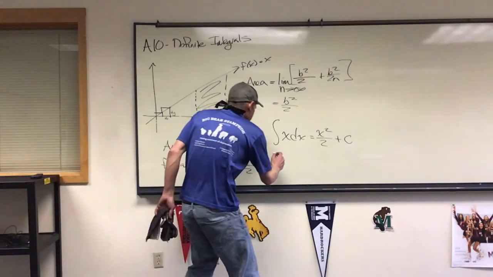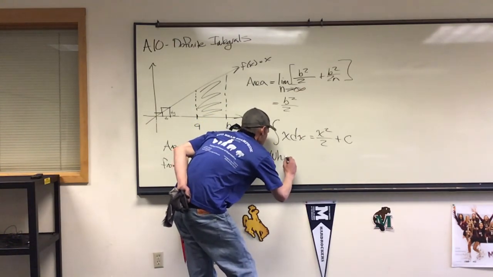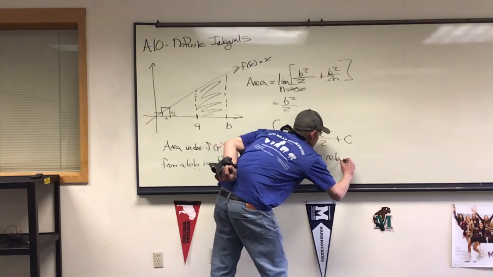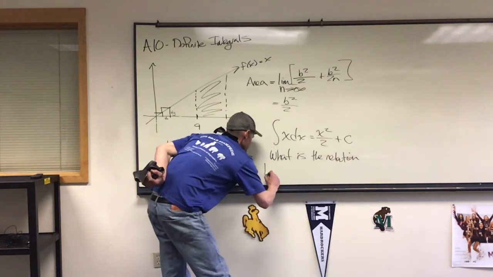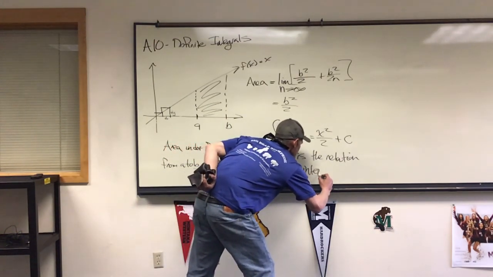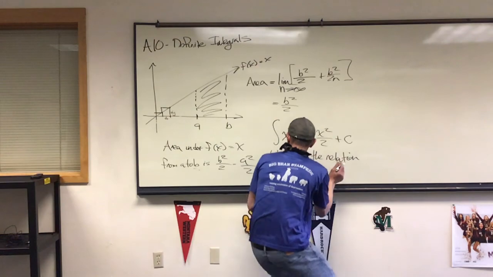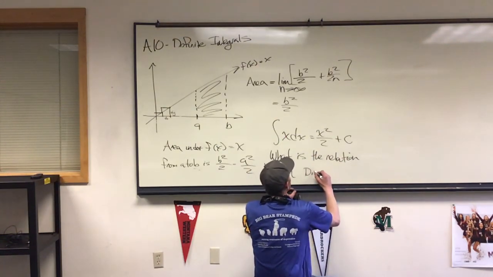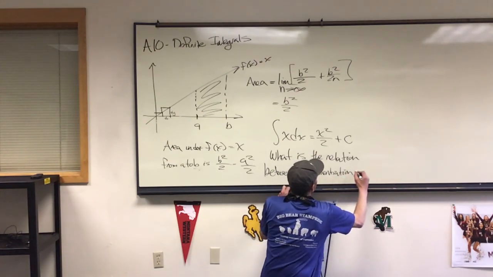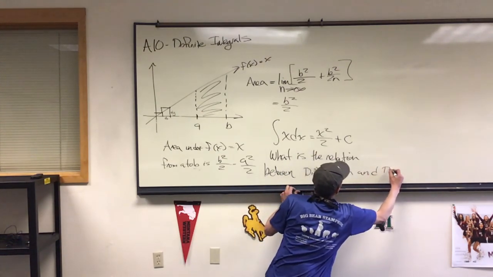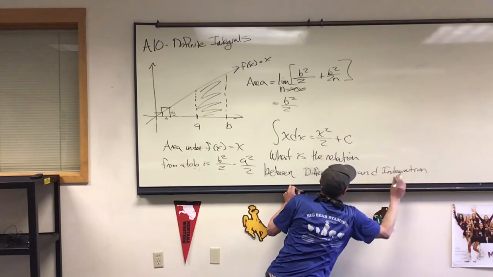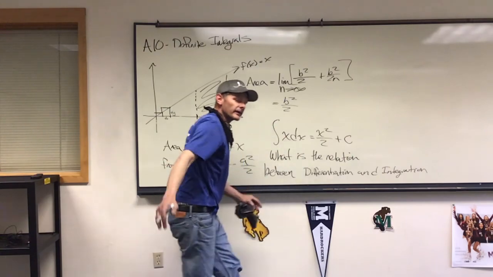So what we need to think about now is what is going on here, and what is the relation between differentiation and integration. And specifically, how does this integration relate to area?